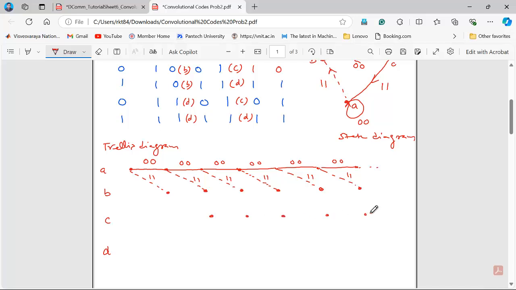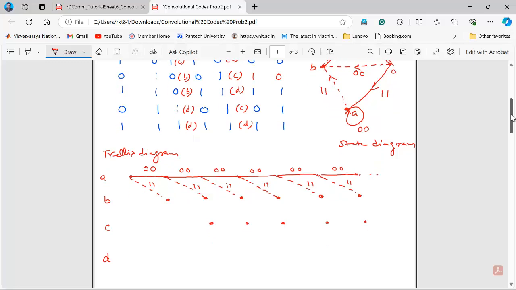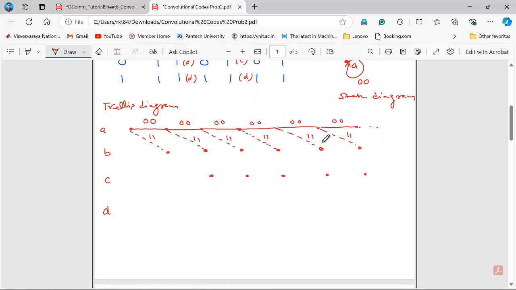This B to C is represented by a solid line, 1, 0. So you can continue this, 1, 0, and so on.